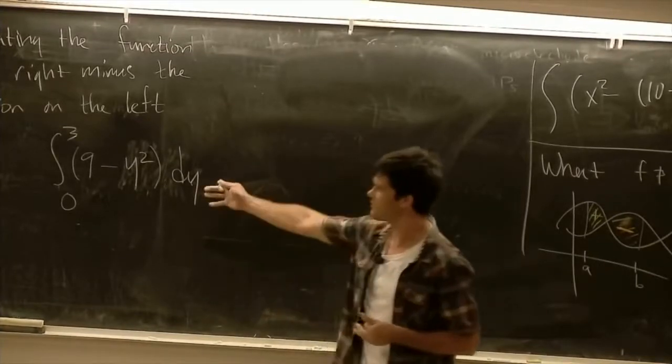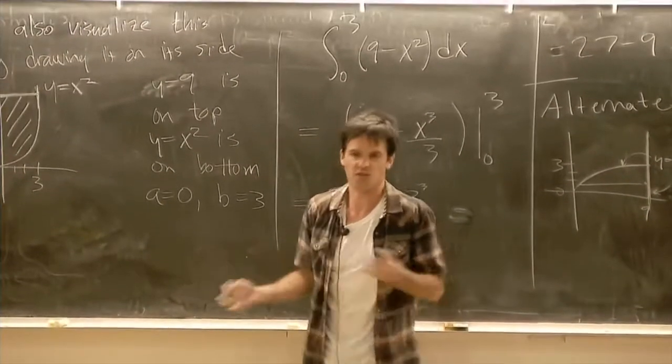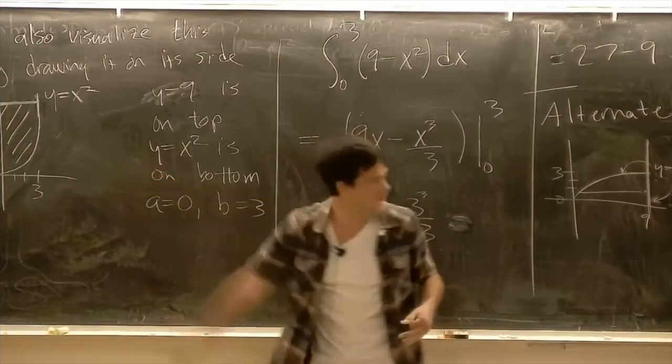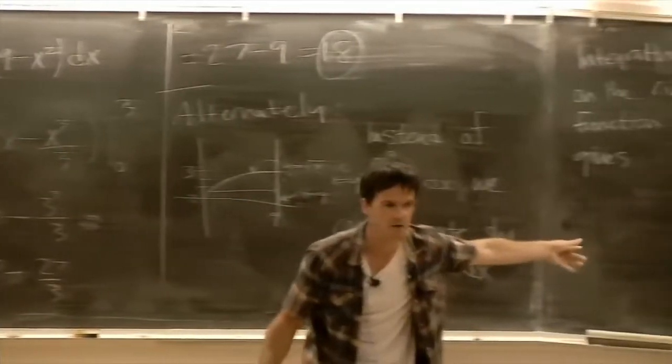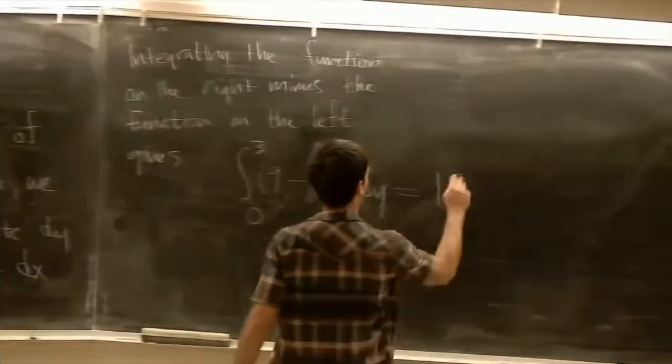The only difference between what I'm writing here and what I did here is I just switched x and y. What I called x is here what I'm calling y. But it should give us the same area regardless. So as we already know, we're going to get 18 if we do that calculation.